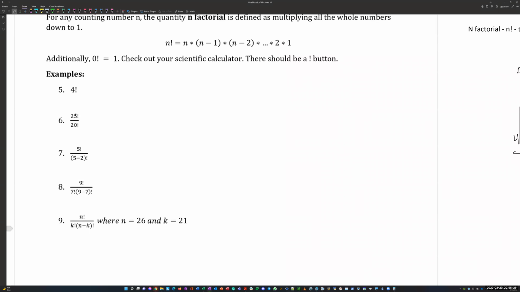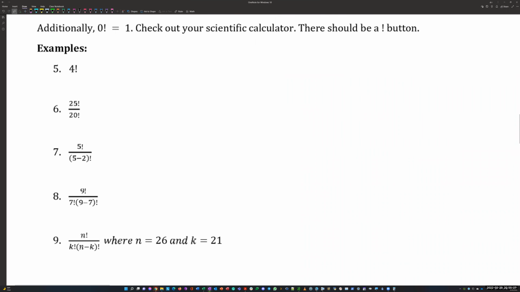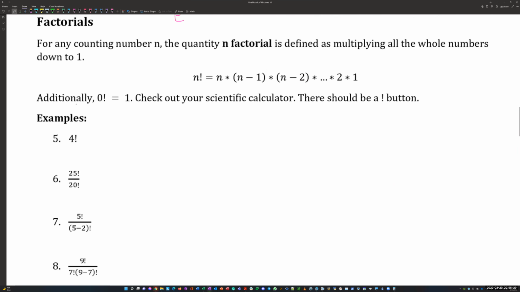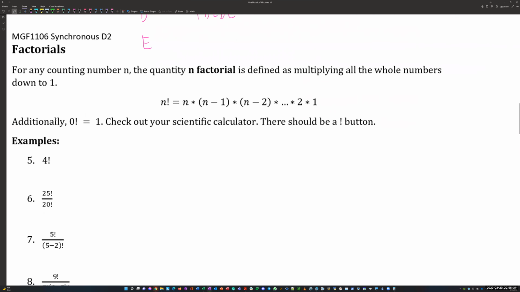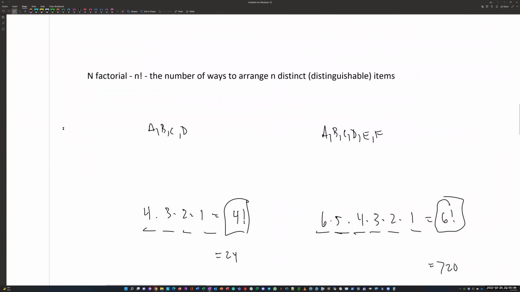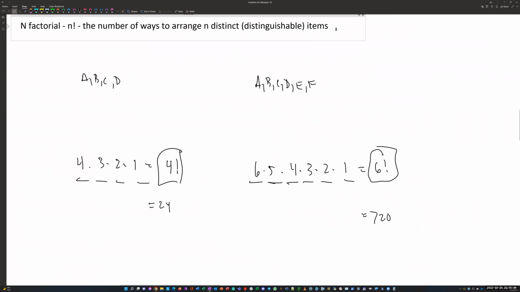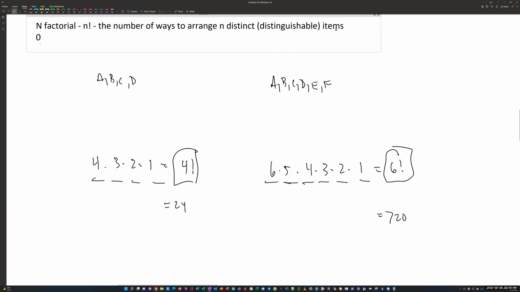So he says examples. 4 factorial. Okay. So he says 0 factorial is 1. That actually makes sense also in terms of what I'm saying here. 0 factorial is equal to 1 because there is one way to arrange 0 things. You just don't do anything.